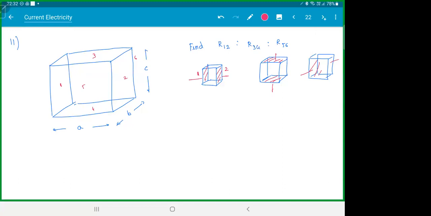Find the ratio of resistance if the battery is connected like this. Get this, it's a good one. Remember the formula, rho L by A, what is L and what is A?